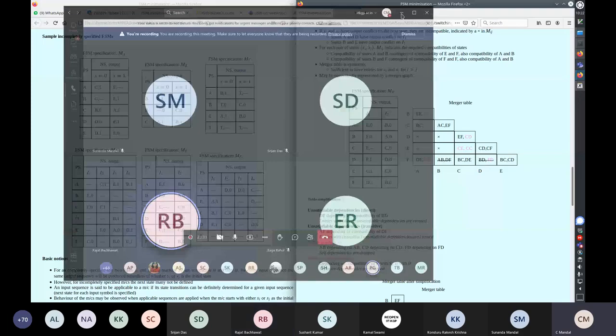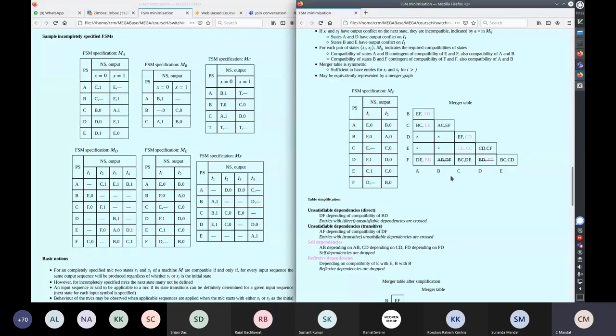So this table, we'll now look at the cancellations. There are some cancellations. Now what you find is that there are some crosses. For example, A and D, B and D are not compatible.